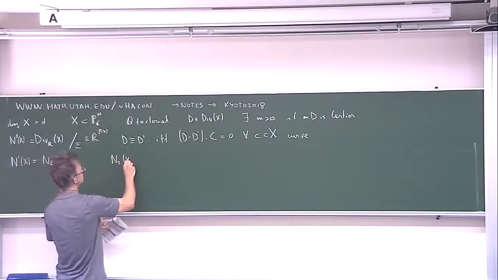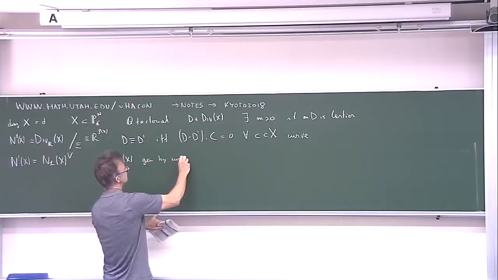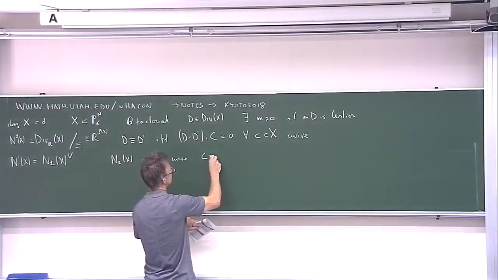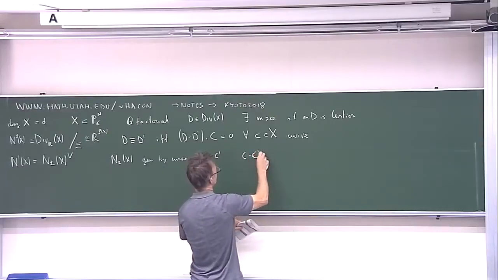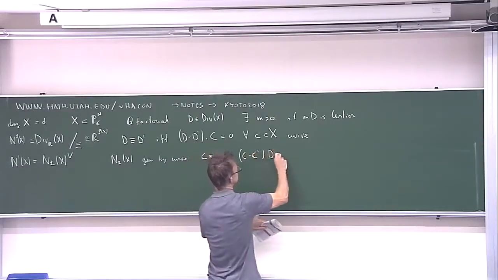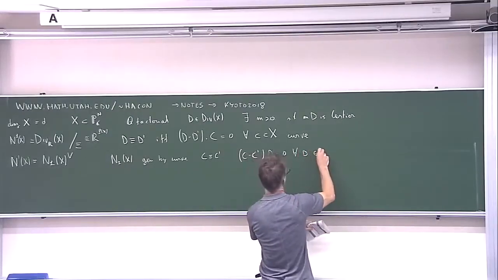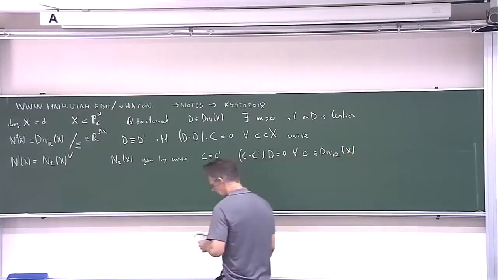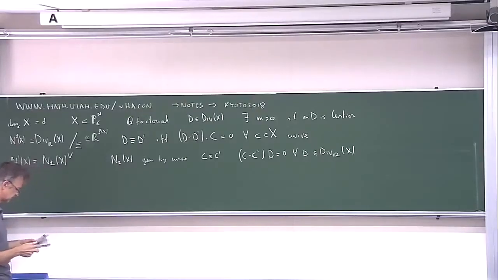N1 of X is generated by curves. And in a similar way, a curve C is numerically equivalent to a curve C prime if C minus C prime intersected with any divisor D is equal to 0 for every D. Clearly they're dual vector spaces, and of course they're going to have the same dimension.